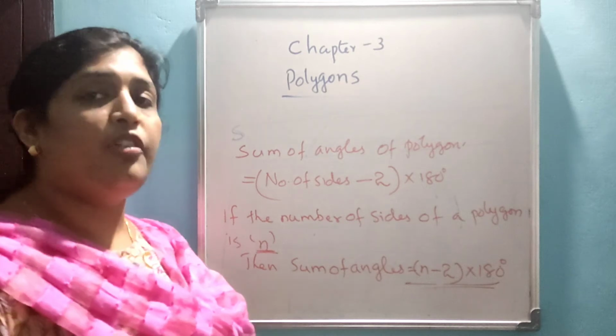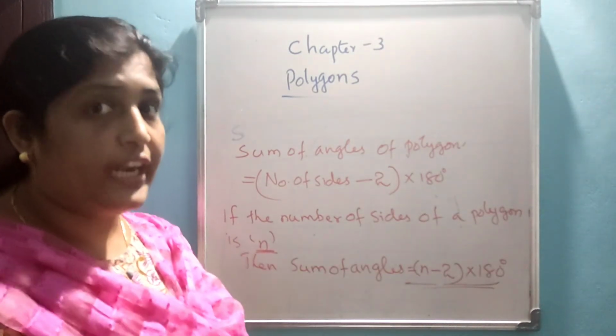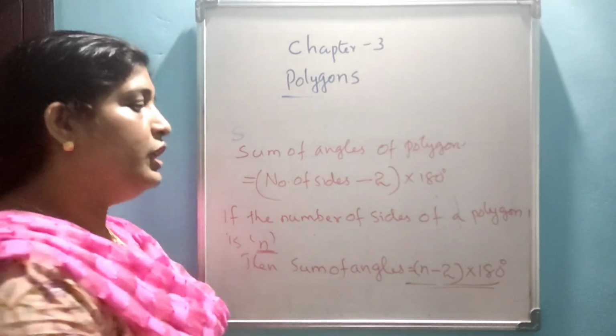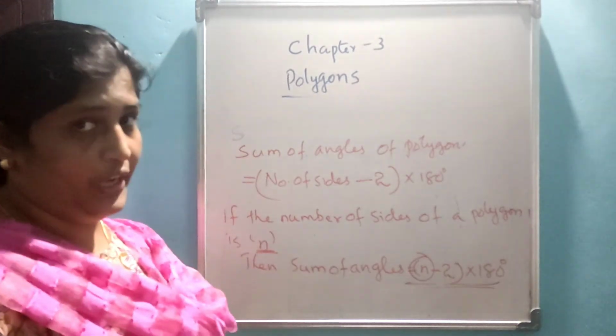So what is the sum of angles of a polygon? Sum of angles of any polygon is n minus 2 into 180, where this n is the number of sides of the polygon.